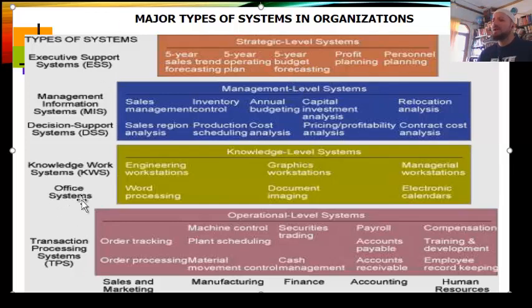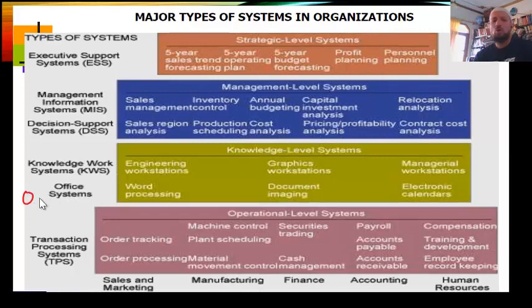Then the next level is called the knowledge level, where we have what is called an office system. This office system is also called OAS, that is, Office Automation System. It refers to the computer machinery and software used to digitally create, collect, store, manipulate, and do everything an office has to do, like word processing, document imaging, electronic calendars.